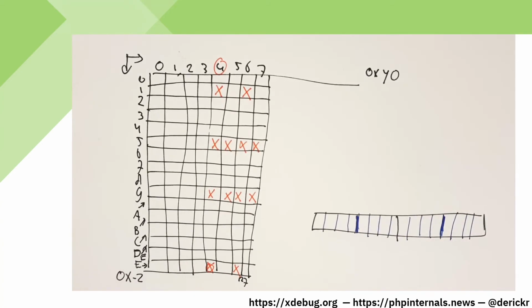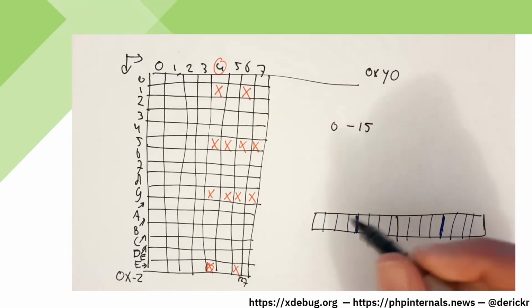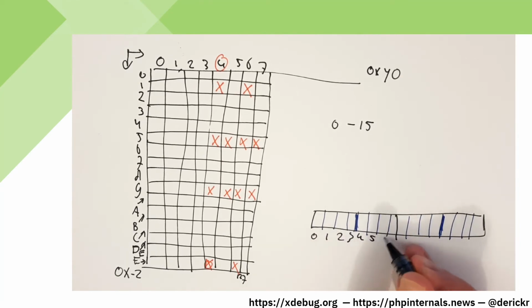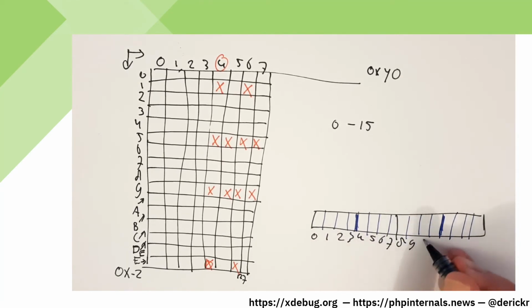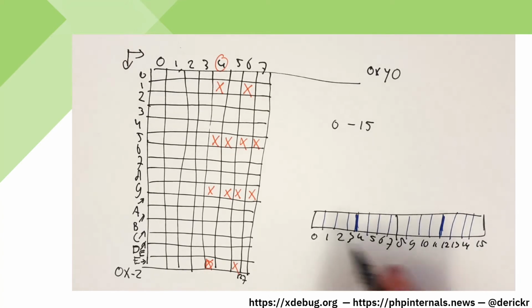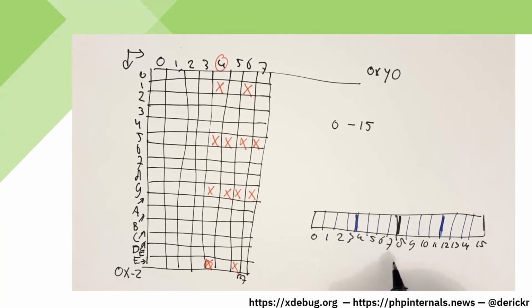Then we need to map our 16 values from 0 to 15 onto that set. This is 1, 2, 3, 4, 5, 6, 7, 8, 9, 10, 11, 12, 13, 14, and 15. So the first thing that we need to calculate is this byte. We know that anything from 0 to 7, the byte is going to be 0, and from 8 to 15 it is going to be 1.